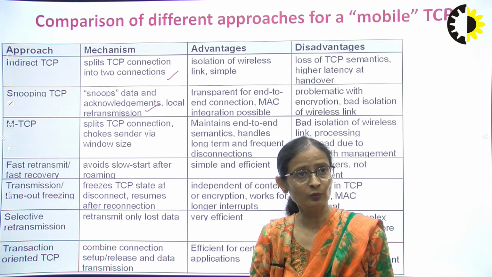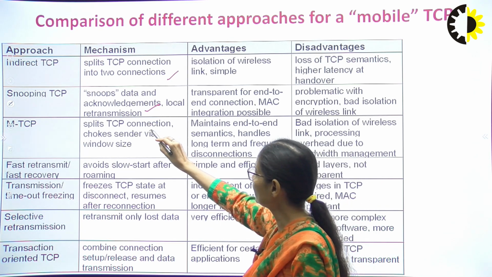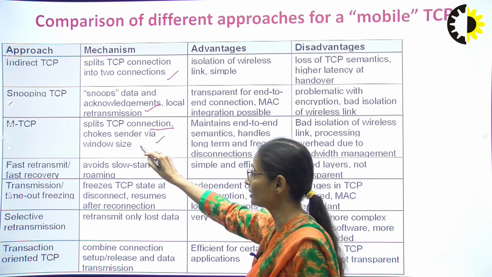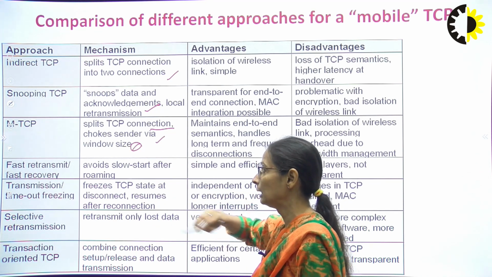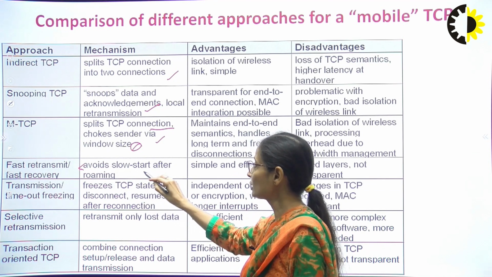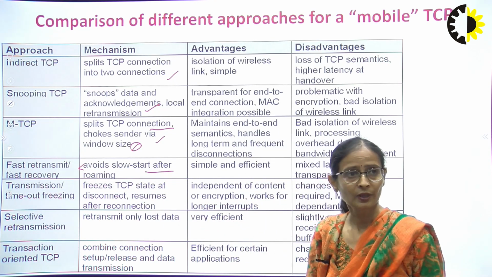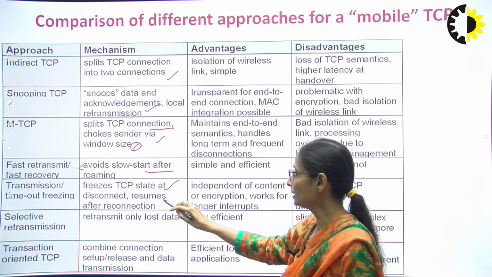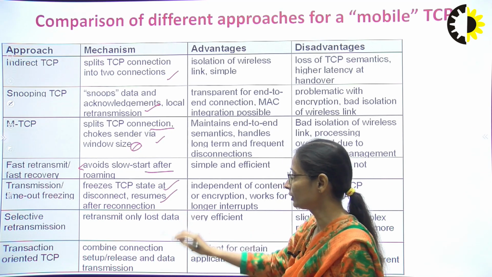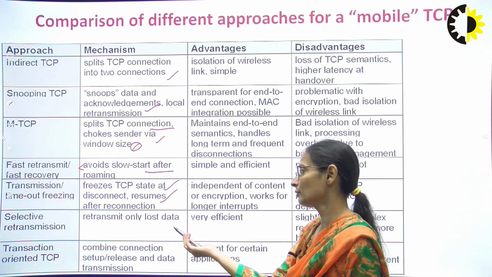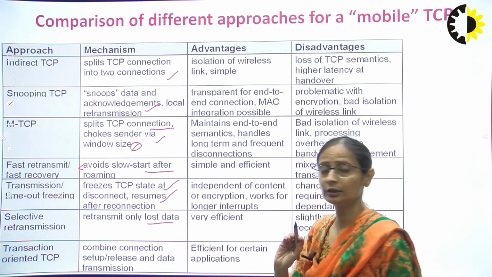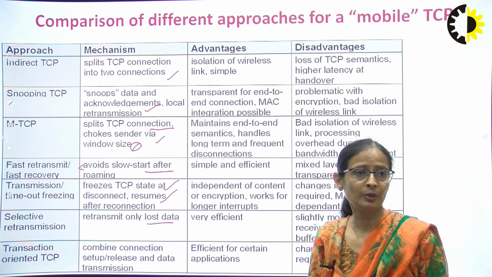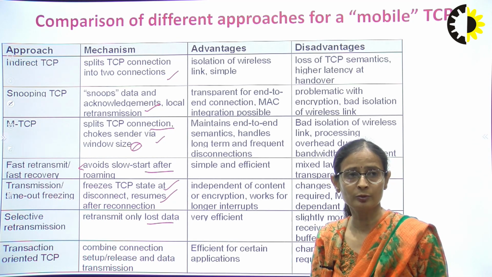In M-TCP, we have seen that it splits the TCP connection. It chokes the sender via window size, that is the congestion window size is used here. In the fast retransmit case, it avoids the slow start after roaming. In the freezing approach, it freezes the TCP state at disconnect and resumes after reconnection. In the case of selective retransmission, it will retransmit only the lost data. In T/TCP, it combines connection setup, release and data transmission into one.